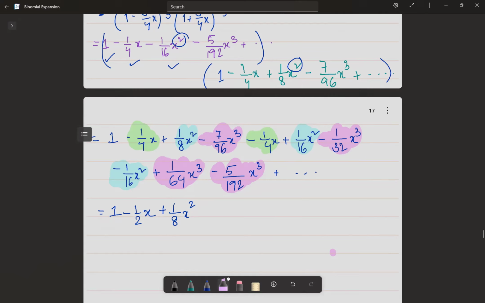From your calculator, minus 7 by 96 minus 1 by 32 plus 1 by 64 and minus 5 by 192 is going to give you minus 11 by 96 x cube, and this is our answer. I hope this is clear.